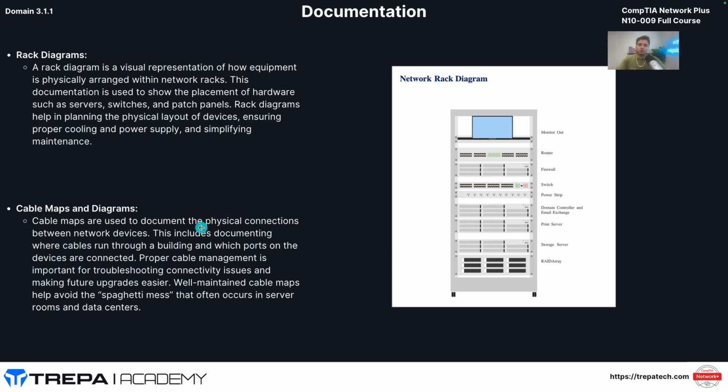Then we have cable maps and diagrams. Cable maps are used to document the physical connections between network devices. This includes documenting where cables run through a building and which ports on the devices are connected. Now, personally, from my years in network engineering, I never had something specifically built for cable maps unless I was working with our E&I teams, what we called them, our infrastructure guys that did the fiber for us.